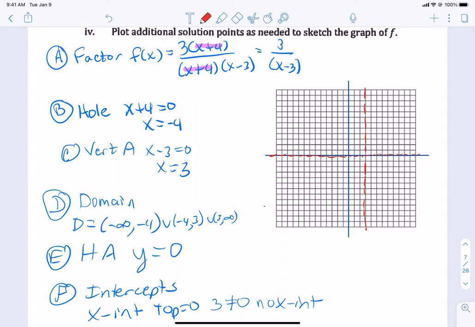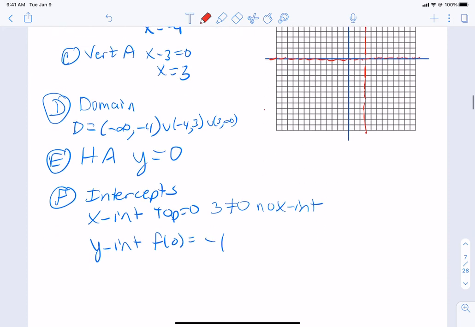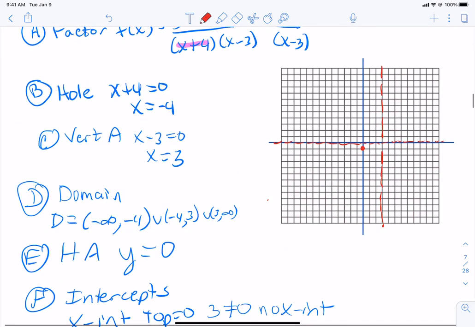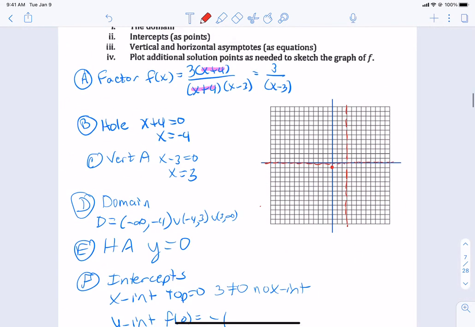Now, let's plot next our intercepts. We don't touch the x-axis, so keep that in mind. We never touch that, never touch that, never touch that. We do touch the y-axis at negative 1. We need some more points. Now, we have a hole at negative 4. So take our reduced version and plug in negative 4. Now remember, that's a hole.